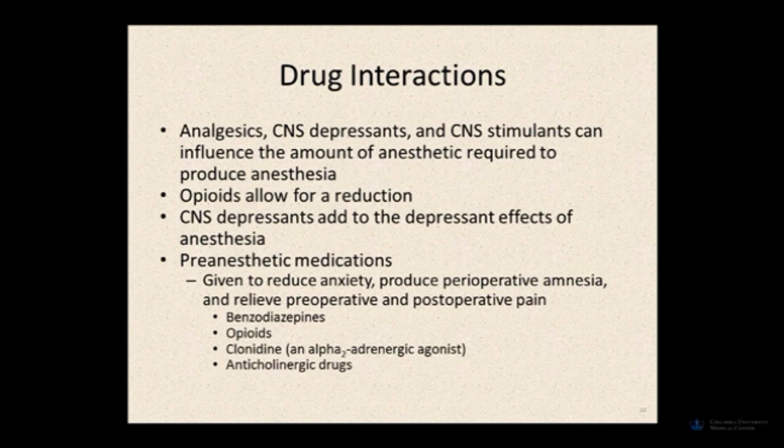Clonidine, the alpha-2 adrenergic agonist. Do you remember that? We talked about that a week ago. The alpha-2 adrenergic agonist can help reduce pain, so that's the application of that. And the anticholinergic drugs also help. They're CNS depressant, and they help reduce that.